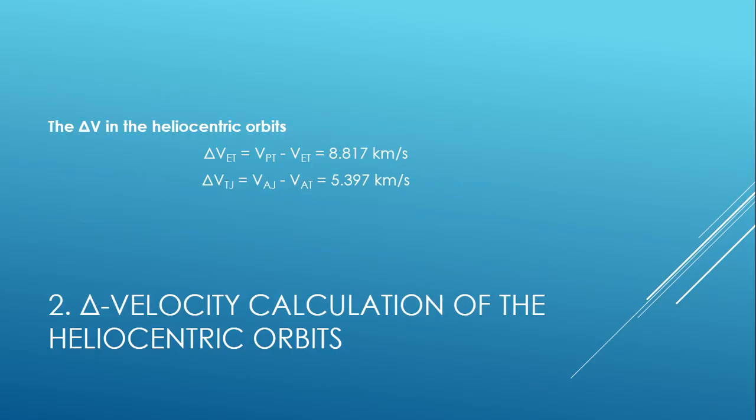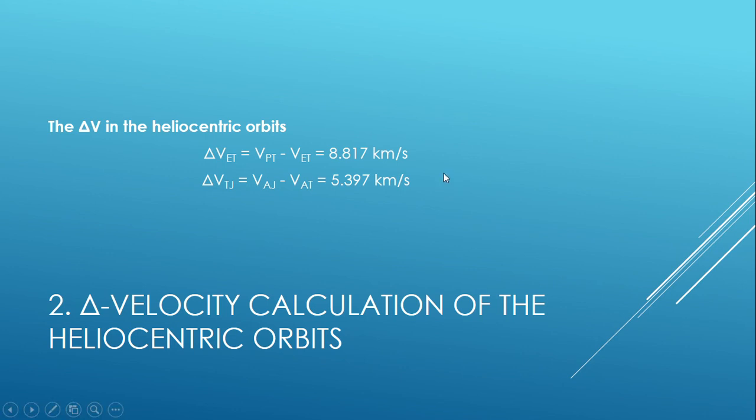Then the next step is we need to calculate the delta velocity of the heliocentric orbit. It is the velocity difference that happens between the transfer orbit and the Earth or Jupiter orbit.